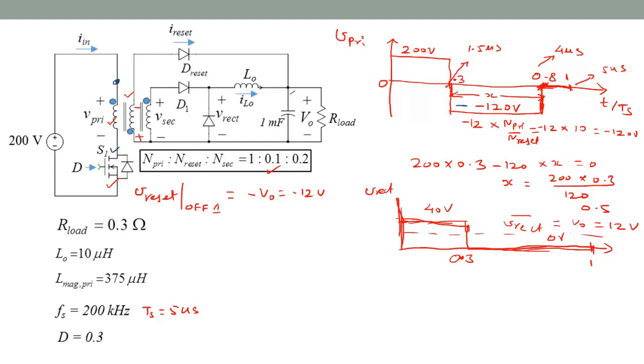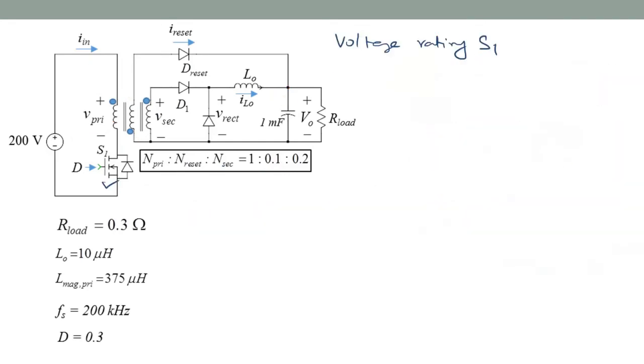So during the off interval, the induced voltage with this side is positive, or if you just retain the assigned voltage polarity, the voltage is actually 120 at the bottom with respect to the top. So the total voltage across S1 is 200 plus the induced voltage of 120. Okay. So that gives us the voltage rating of S1 to be 200 plus 120, or 320 volts.